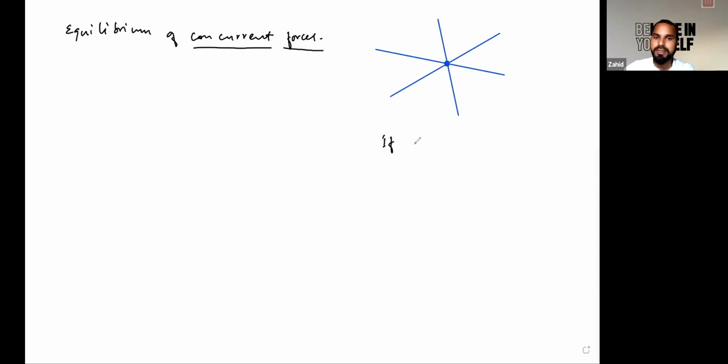So if a large number of forces are acting on a single point, these forces are called concurrent forces.